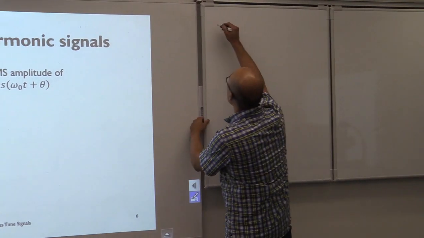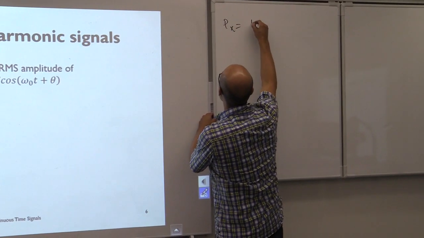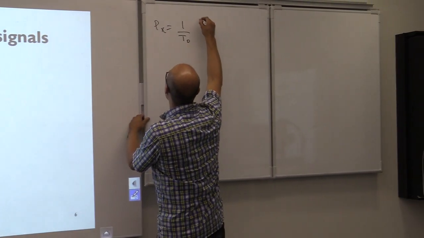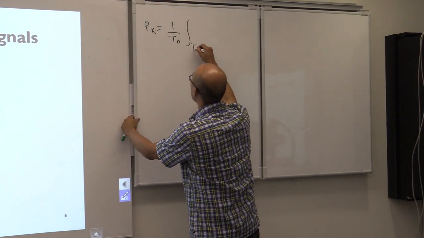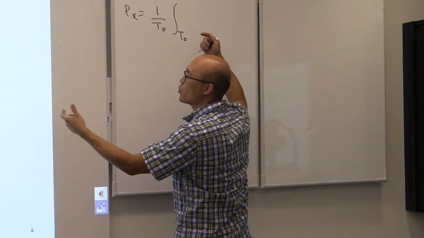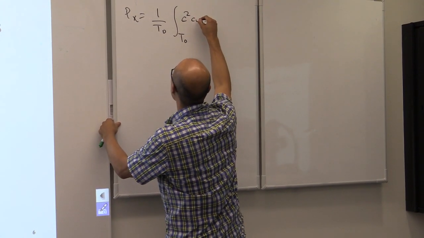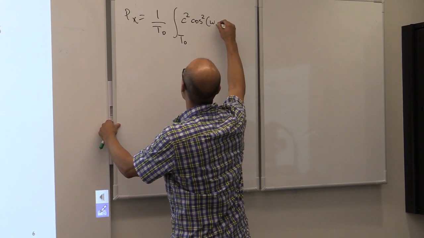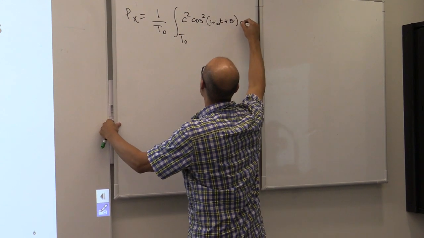If I want to calculate the power for this signal, P sub x is going to be equal to 1 over period T naught, integral over that period T naught of the magnitude squared. So in this case, it's going to be c squared cosine squared of (omega naught t plus theta).